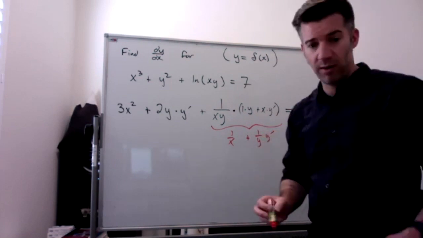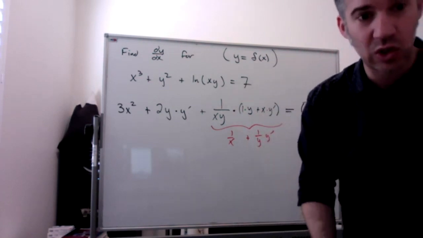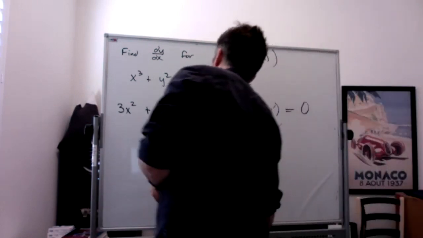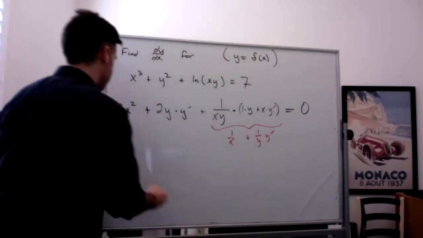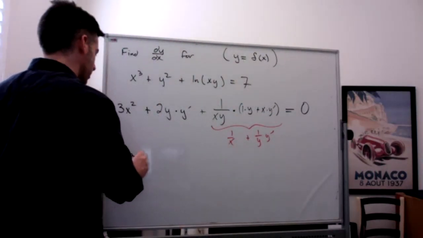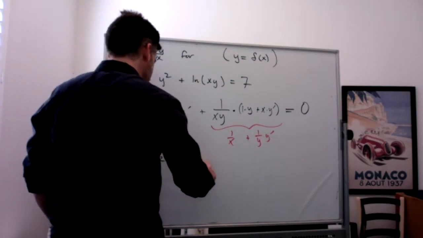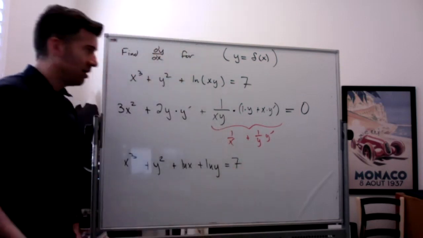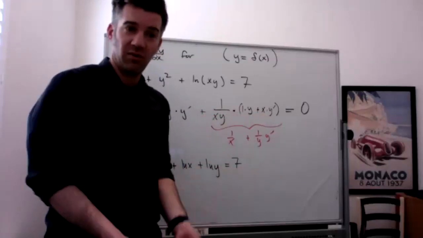But if I had been a little bit more observant, I would have said, oh, look, I could write this as x cubed plus y squared plus the natural log of x plus the natural log of y equal to 7. That might have been a smarter way to do it, so I didn't have to use the product rule.